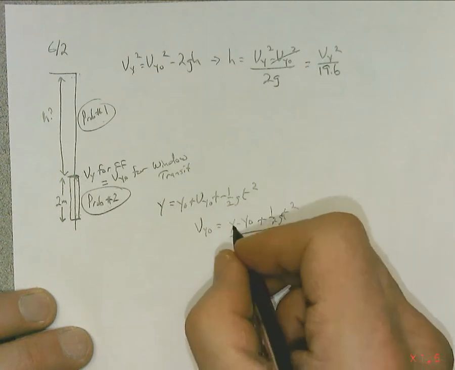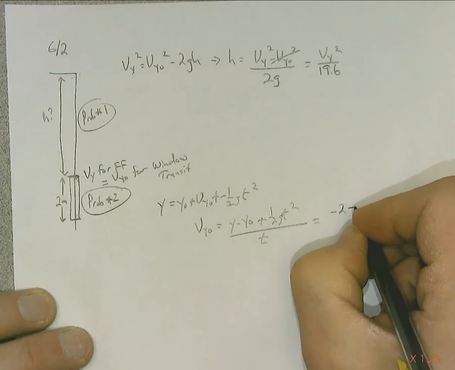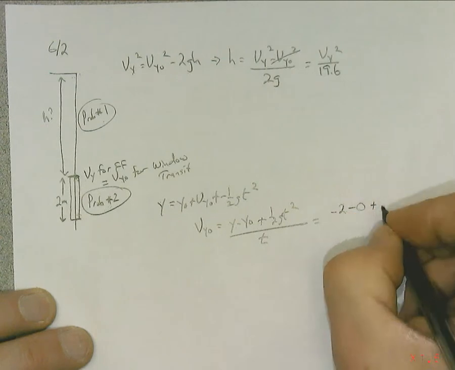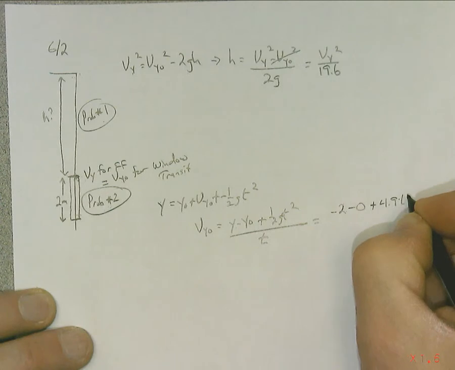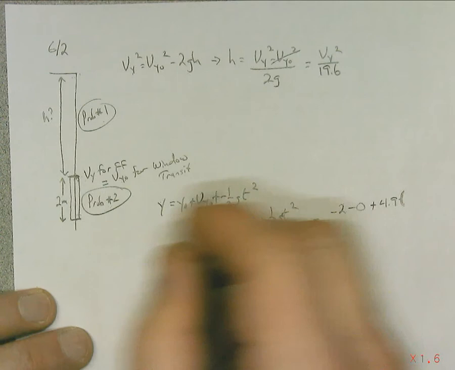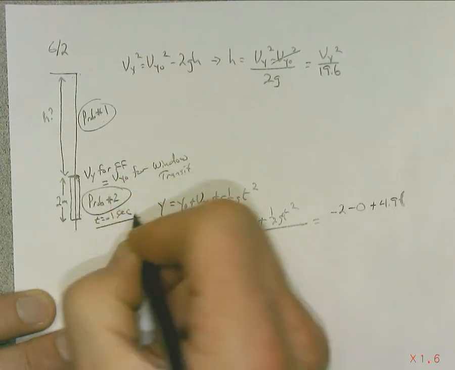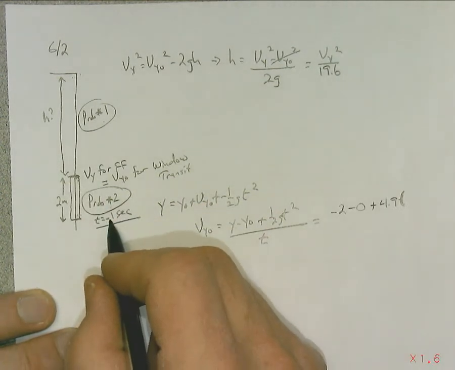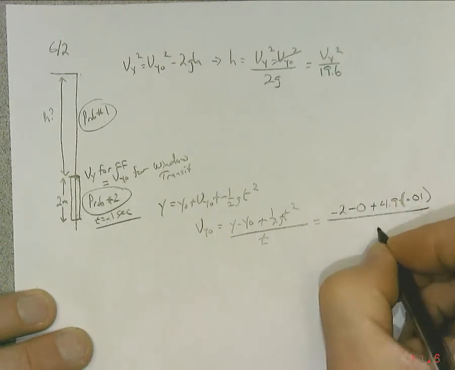So y, the final position across here, is minus 2, and we're going to subtract off the initial position, which is 0, and then add 1/2 g, 4.9 t squared. Oh, now what is the t? The t is 0.1 seconds. T is equal to 0.1 seconds for this problem. That's how long it takes to transit the 2 meters. So 0.1 squared is 0.01, all over 0.1.